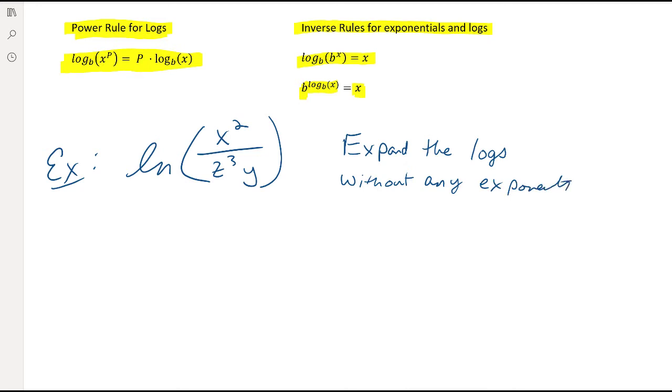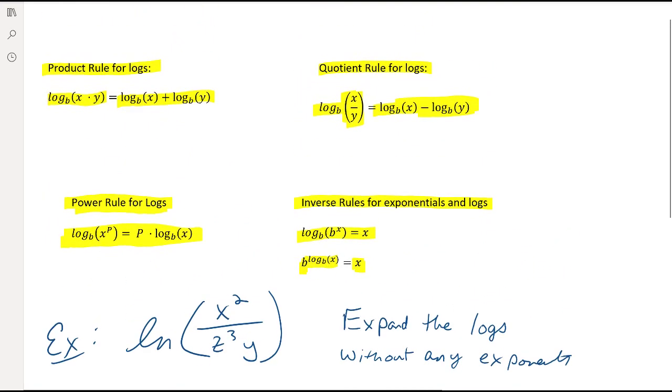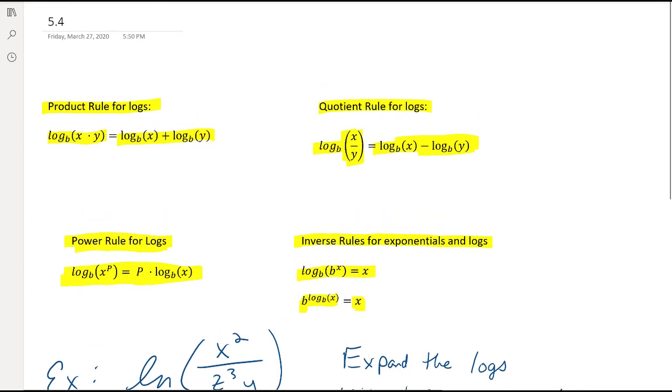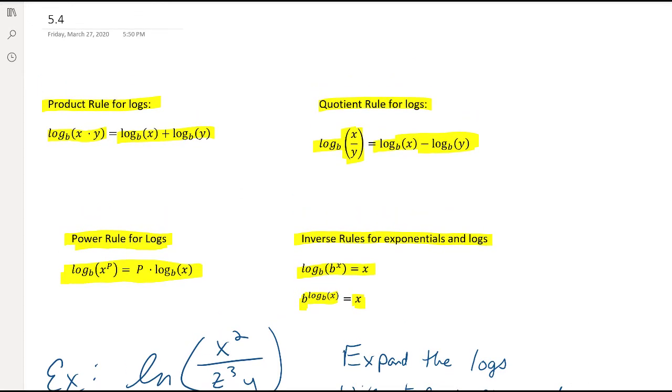So first of all, if we go back to our power and quotient rules, this is all you need to know, folks. Maybe before we jump to this, let's do this. The rule says this. Suppose I had log base 4 of, let's say, 4 times some value, let's call it x, 4 times x.